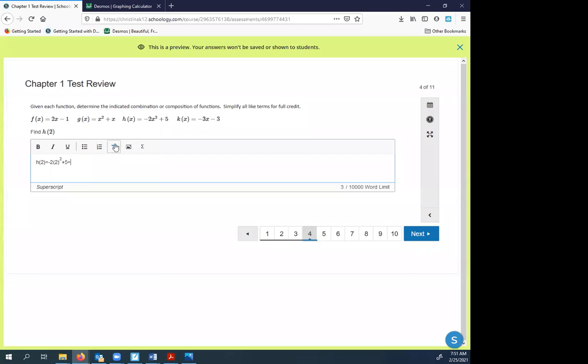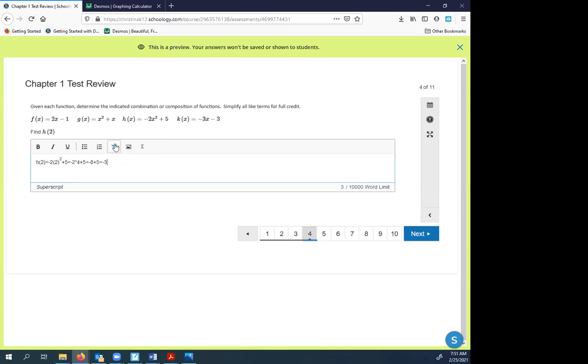So let's see, 2 squared is 4, so I can have negative 2 times 4 plus 5. Negative 2 times 4 is negative 8. So it could be negative 8 plus 5, and that's equal to negative 3.